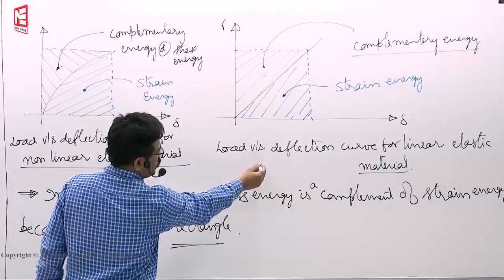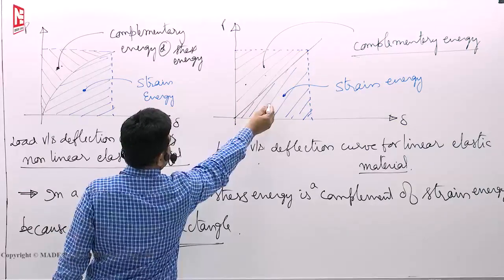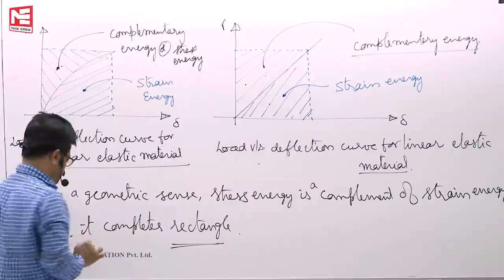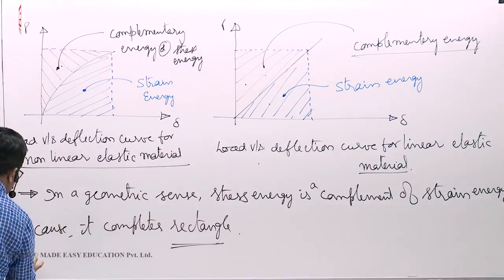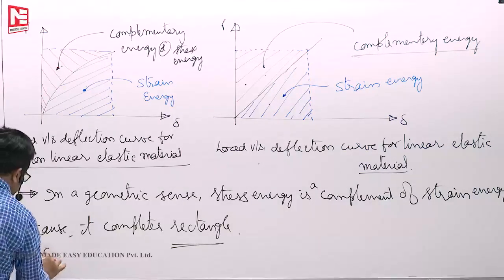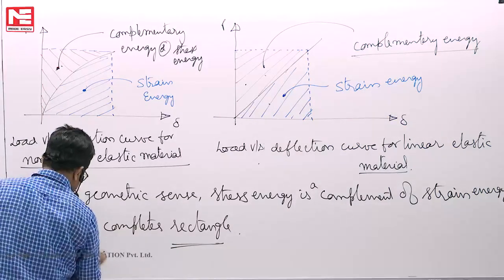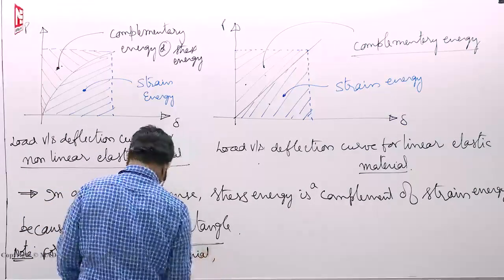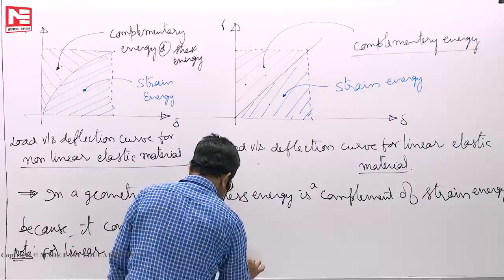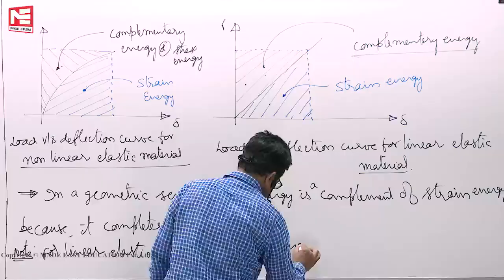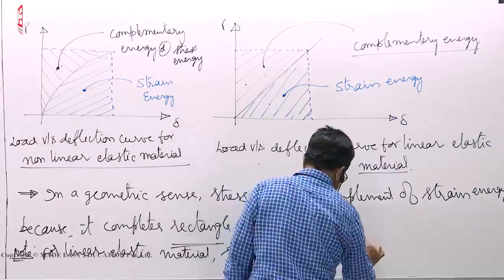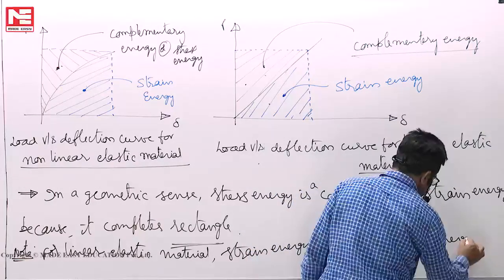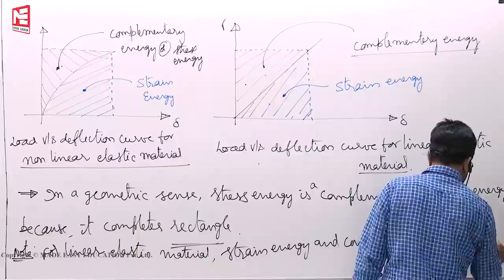For a linear elastic material, complementary energy and strain energy, both of them are the same. But whereas here, these are different. For linear elastic material, strain energy and complementary energy are equal.